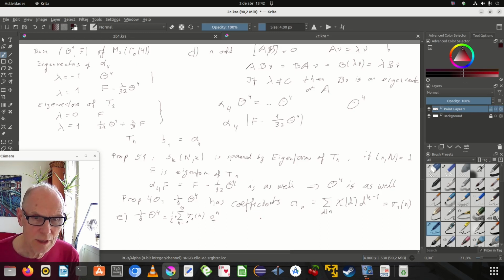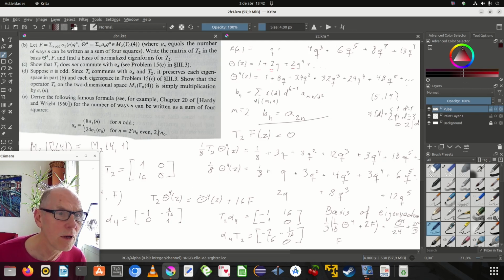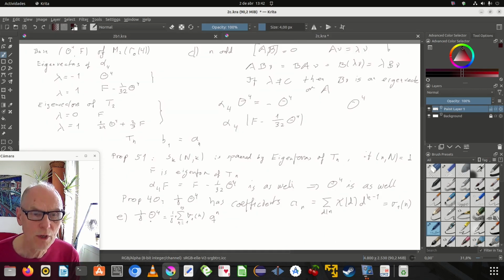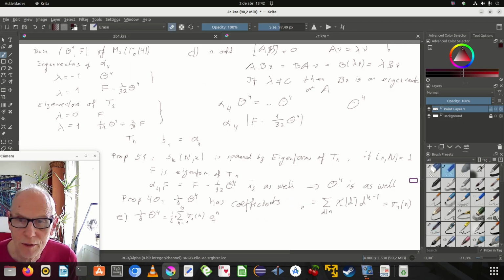And that means that the, now what do they call it in the problem? Oh, a n, yeah, the sum of, so poor notation. So if we call this Cn instead, then we get the an of the problem being 8 times this.